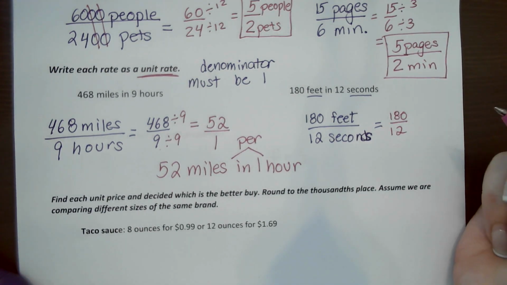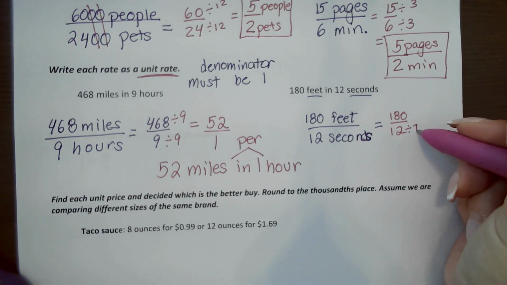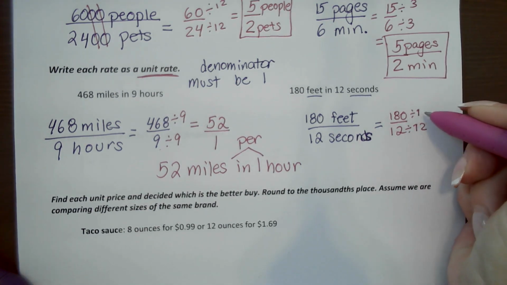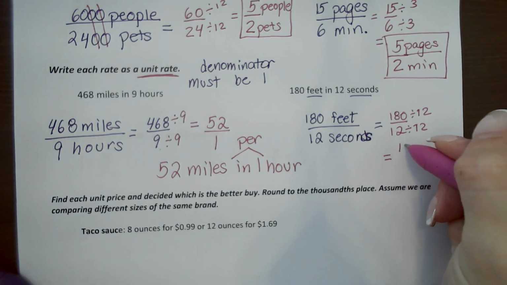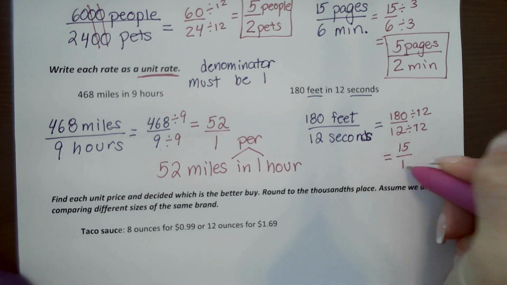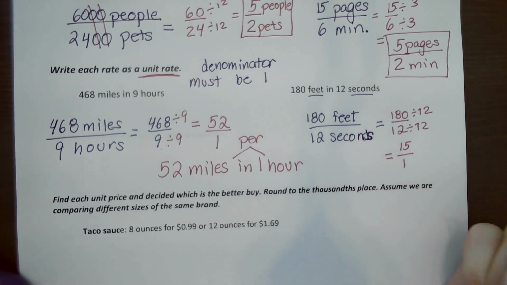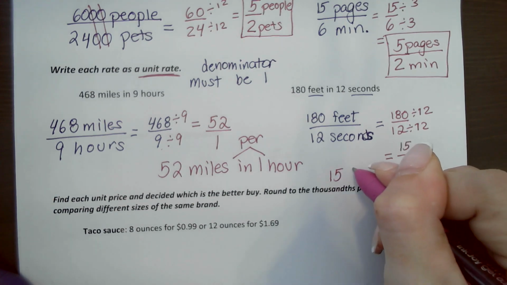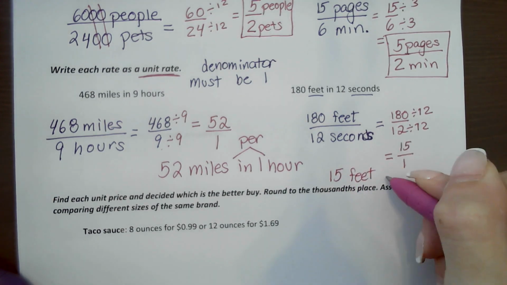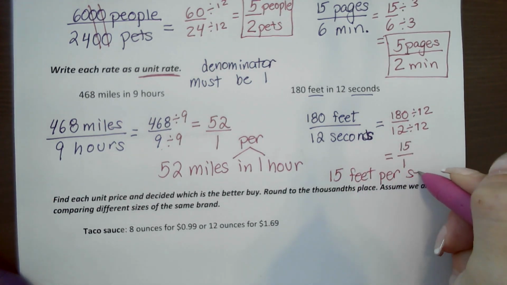So to make this into a unit rate, I'm going to divide by 12. So 180 divided by 12 is 15. 12 divided by 12 is 1. So our answer is 15 feet per second.